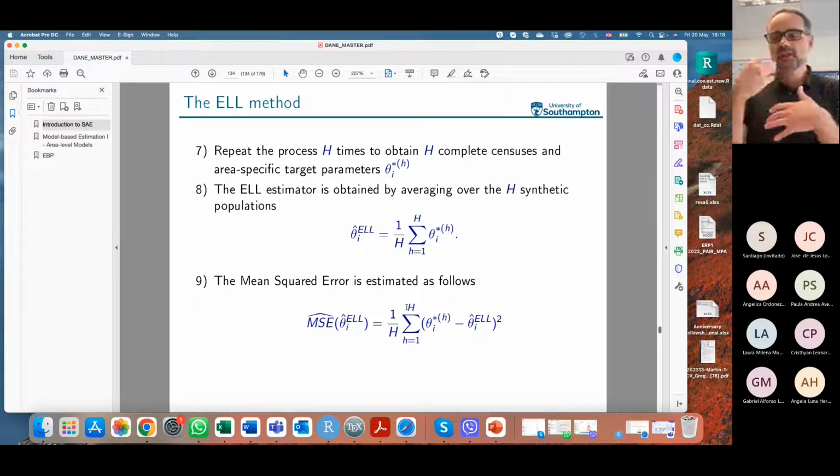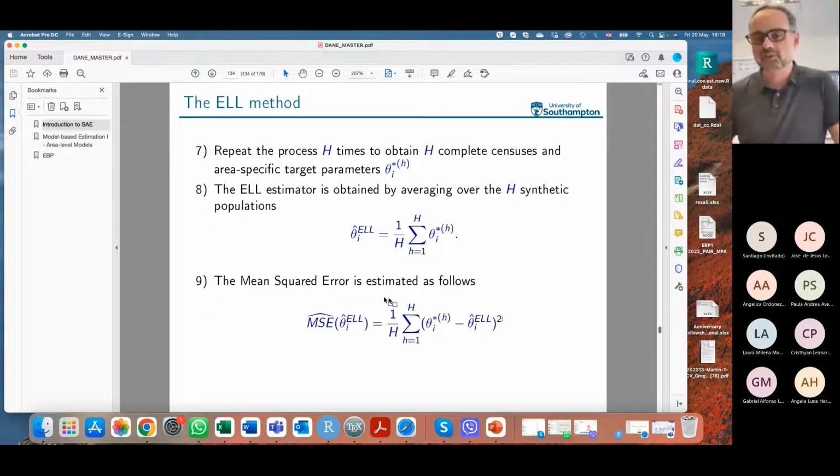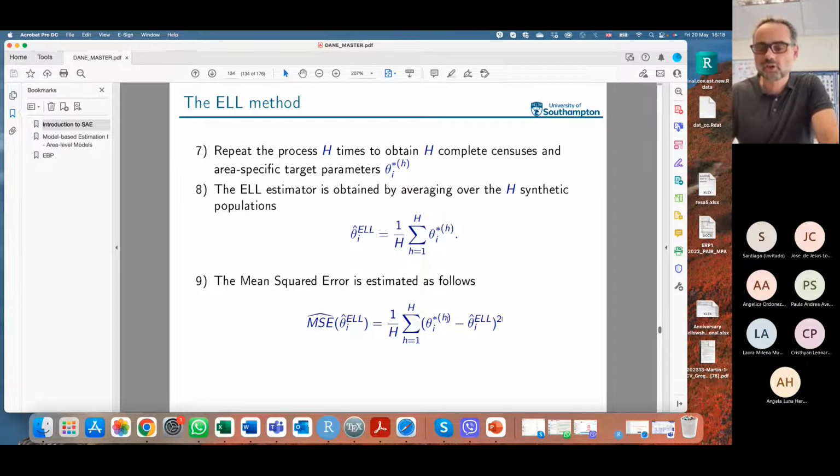So basically it will tell you how variable your ELL estimates will be, relative to the theta I star h that you are generating in each iteration of the ELL process. That will give you an estimate of the mean squared error.